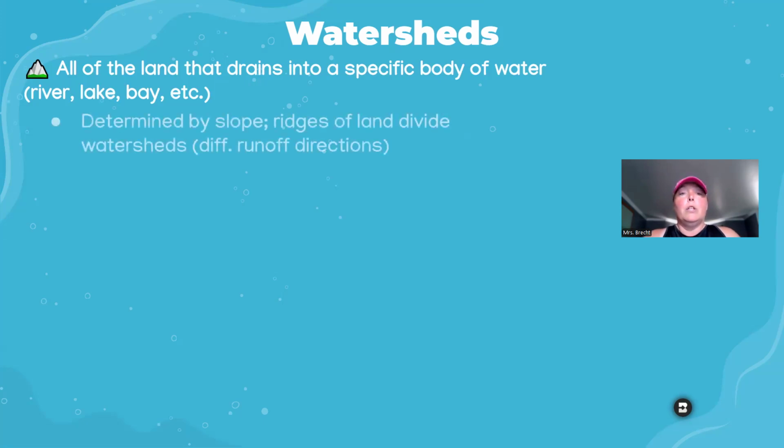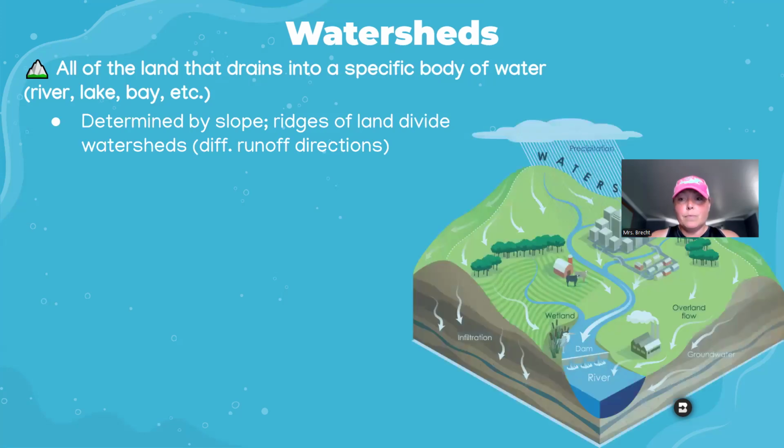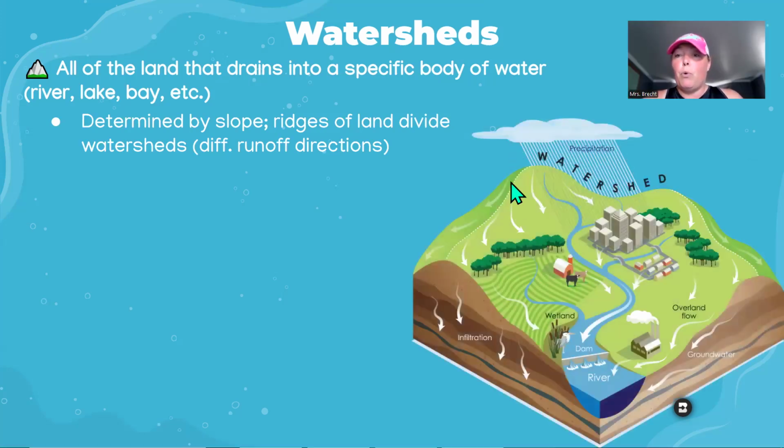So, the watershed is always determined by the slope of the land, the ridges of the land, and how they divide watersheds. So, think of a mountain. If this is the high point, all of the water on this side of the mountain is going to drain into this river, and all of the water on that side of the mountain is going to drain into the river on the other side.